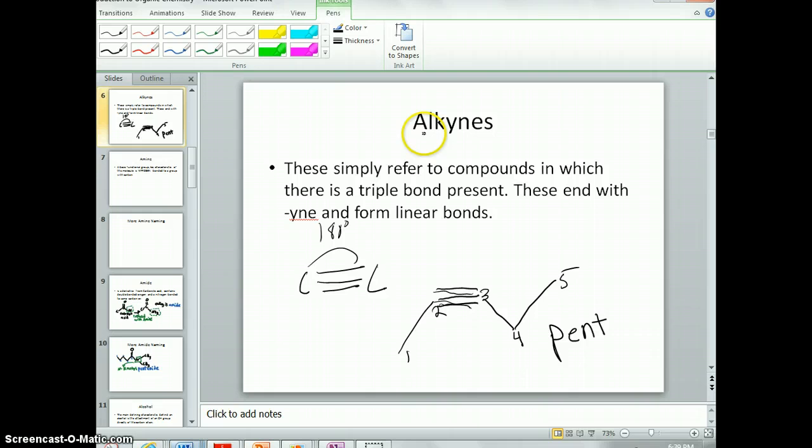Since we have a triple bond present, it's going to be yne, and the triple bond starts at the 2. It's always where it starts, so we can just write this 2-pentyne. Another way you could potentially write it would be pent-2-yne. Depending on what the book says, either is acceptable, just a personal preference.